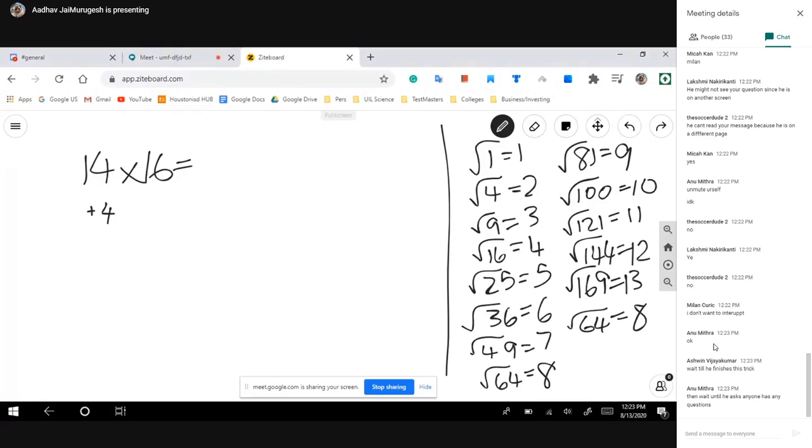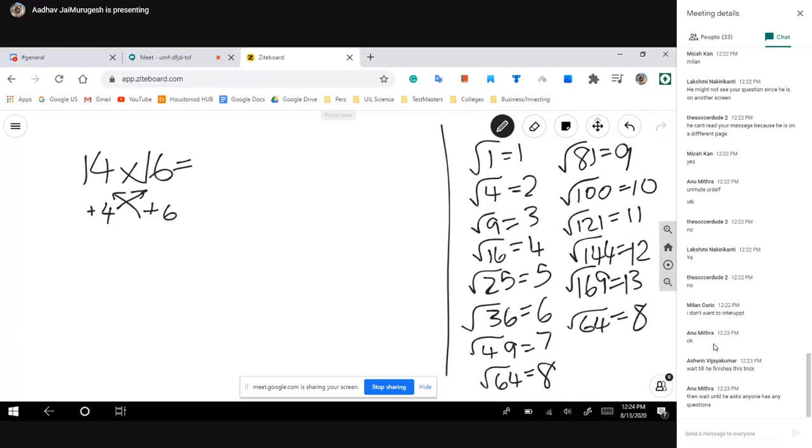Then you go to the next number, which is 16. 16 is 6 plus 10, so you add 6 more to 10 to get 16, and you add a little tiny 6 over here. What you would have noticed now is that 16 plus 4 gives you the same answer as 14 plus 6.